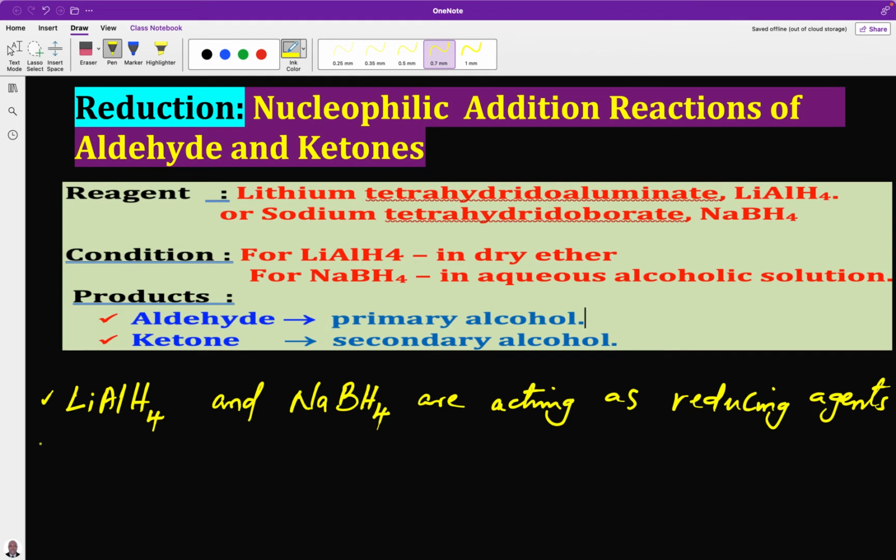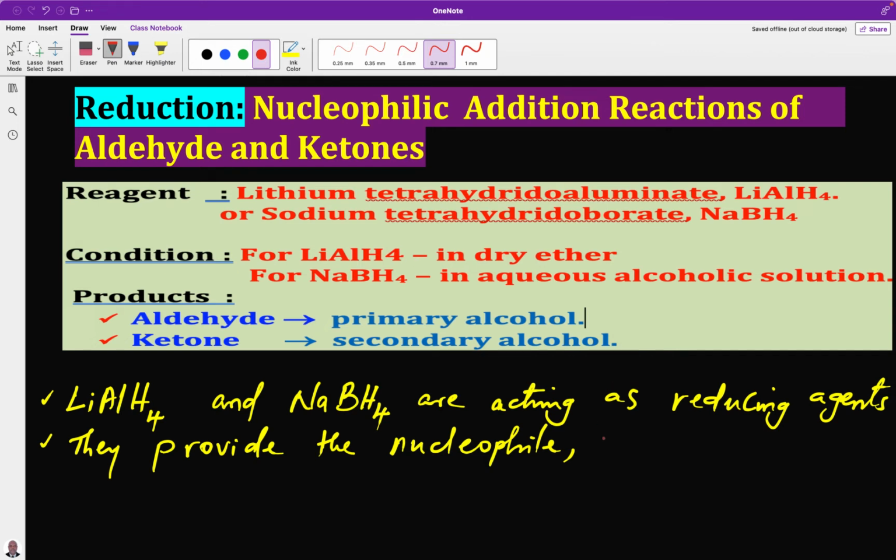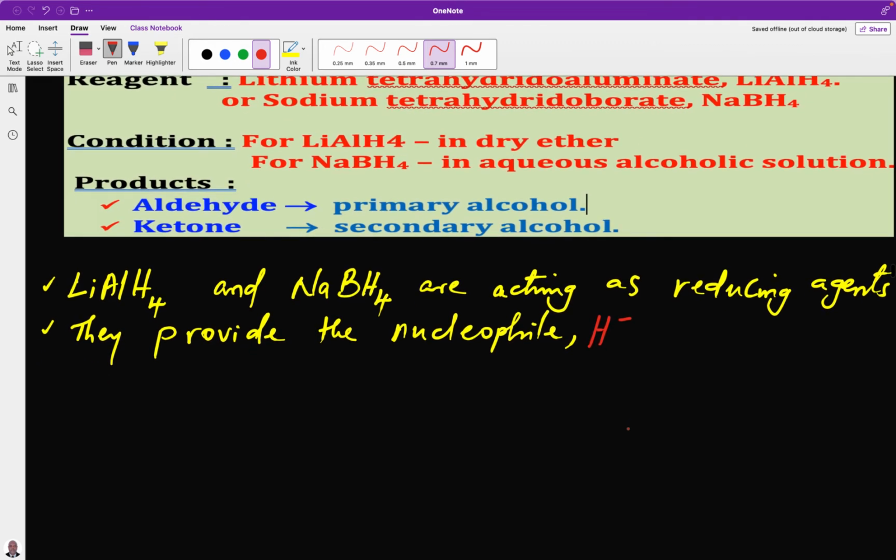They act as the reducing agent, and two, they also provide the nucleophile. This is the nucleophile.